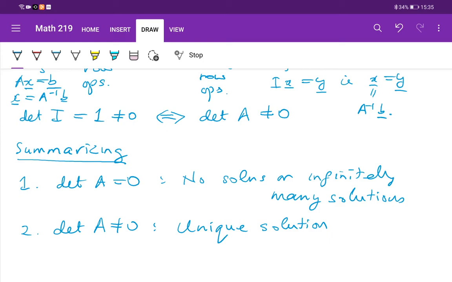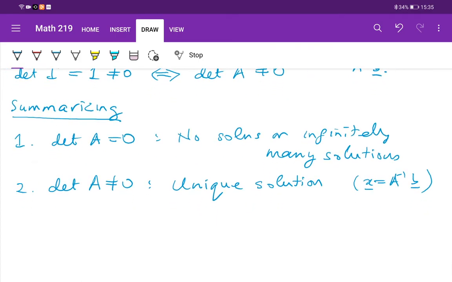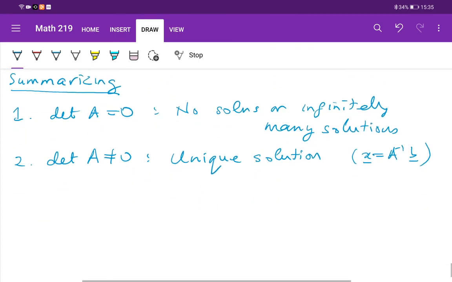The unique solution can be read off easily by Gaussian elimination, and we know that there must be a unique solution, x = A inverse b, in fact. So we know this already, but Gaussian elimination lets us find this solution without actually having to compute A inverse. That's what Gaussian elimination tells us about square systems.